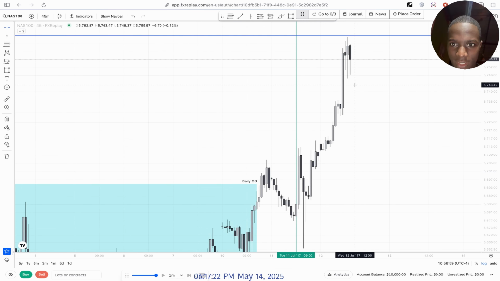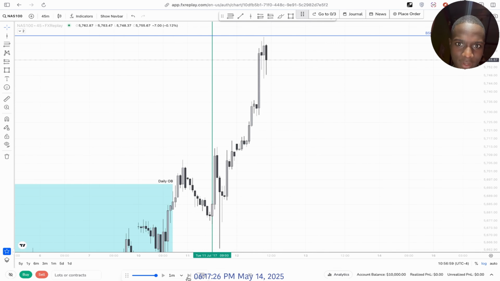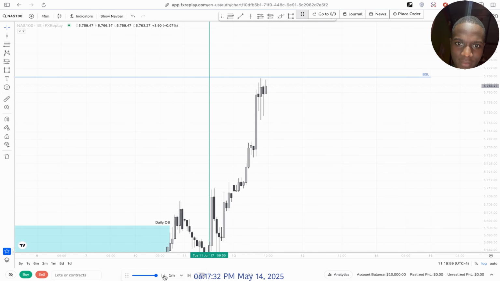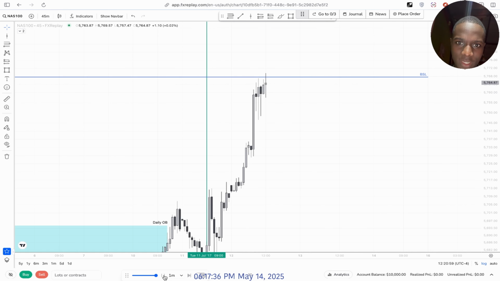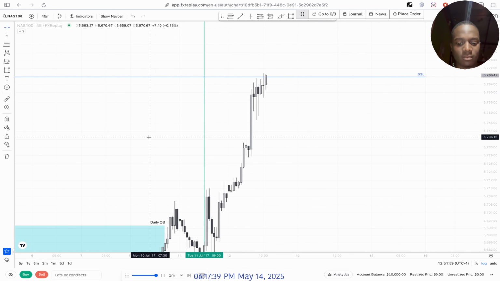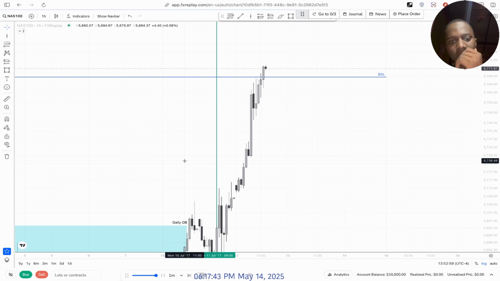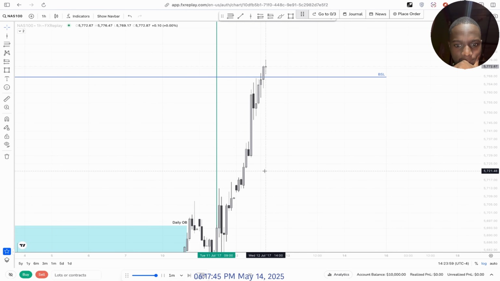Yeah, I think now that we've dropped significantly into this candle, and I think we might buy this. Yeah, buy side is taken out. We can get an entry at 9:30.